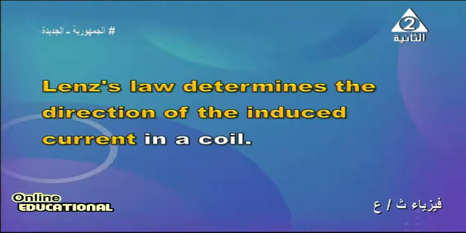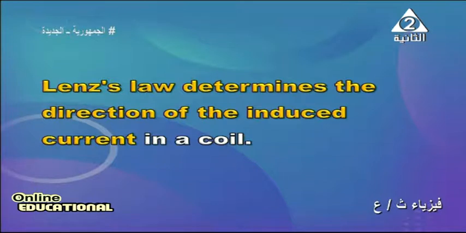So we've got here something very, very important, and it is a major difference between Lenz's law and Professor Fleming's right hand rule. Lenz's law or rule determines the direction of the induced current in a coil, but Fleming's right, yes, in a straight wire. So let me stress on it.